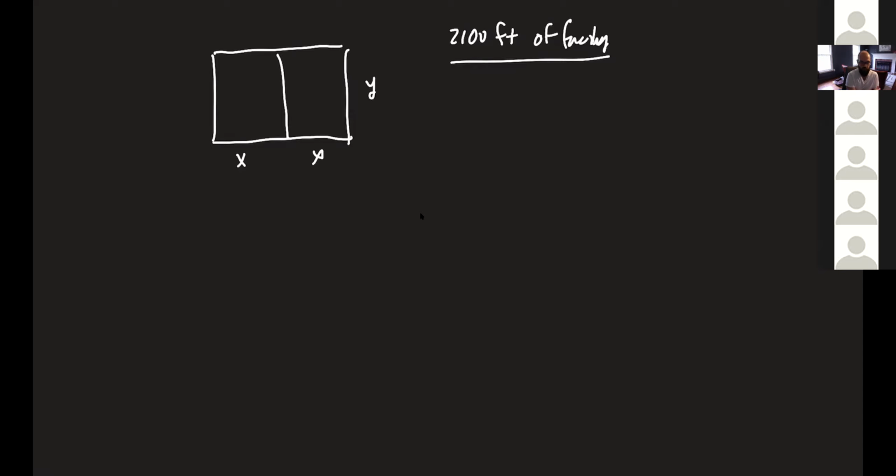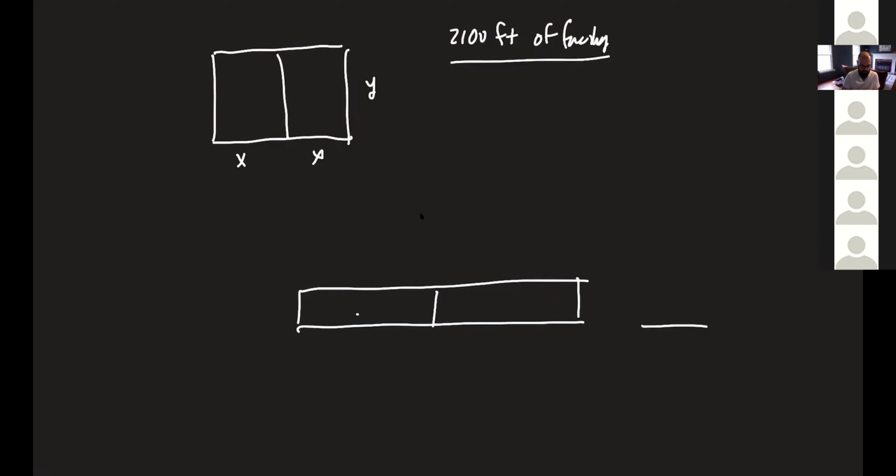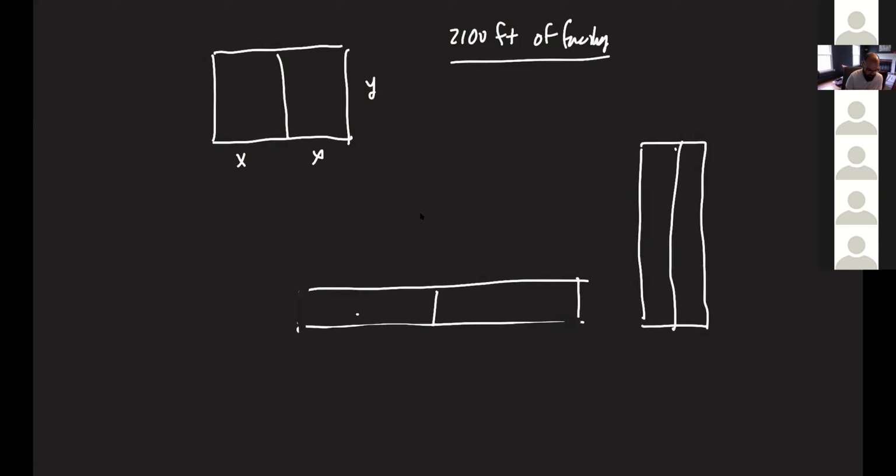Depending on how I build my pen, I could have a pen that is really long and narrow, or alternatively really narrow this way, and then it could look like this. Lots of different options and everything in between. These regions could be more squares, they could be rectangles. But we'll figure out what those optimal dimensions are for us.